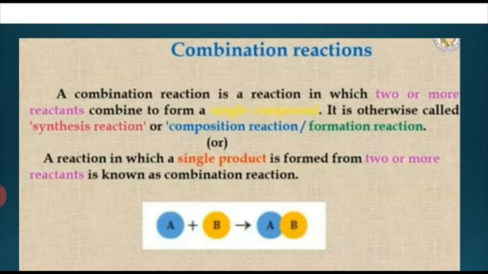The reactant A combines with B, which gives the product AB. So on the left hand side you will have two or more reactants, that is A plus B or A plus B plus C, whatever it may be, but you will get only one product on the right hand side.